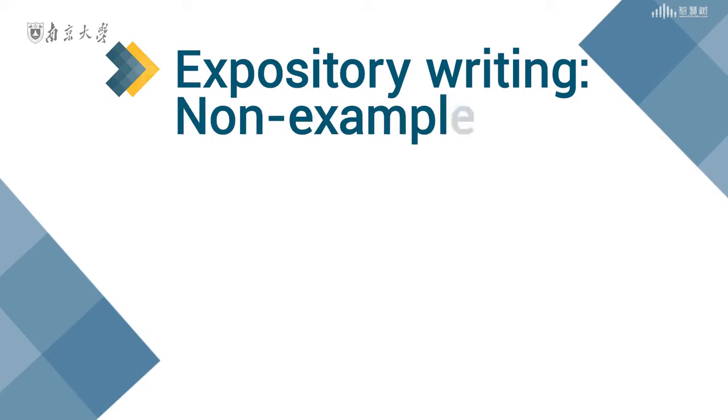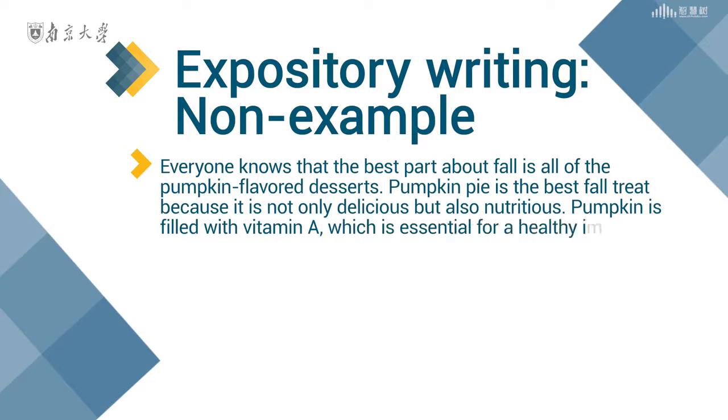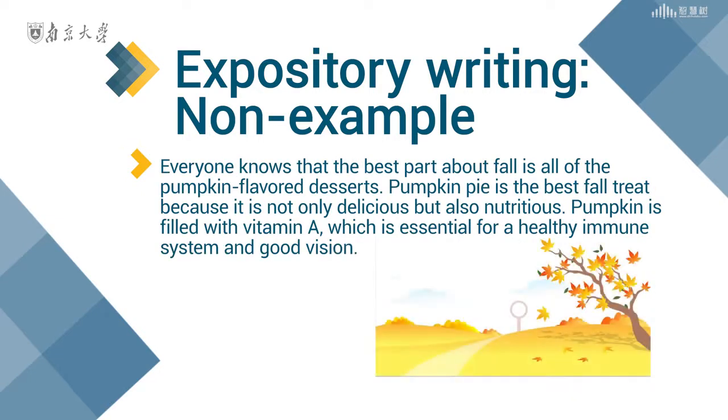Now let's have a look at a non-example of expository writing. Everyone knows that the best part about fall is all of the pumpkin-flavored desserts. Pumpkin pie is the best fall treat because it is not only delicious but also nutritious. Pumpkin is filled with vitamin A, which is essential for a healthy immune system and good vision.